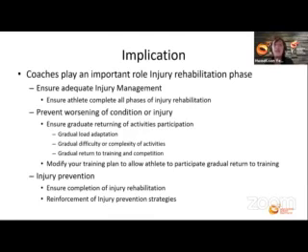And lastly, you play a big role in injury prevention. Why is that so? Because as long as you ensure the completion of the injury rehabilitation, and that you take into consideration all aspects of return to sport criteria, you can also reinforce with injury prevention strategies, right?